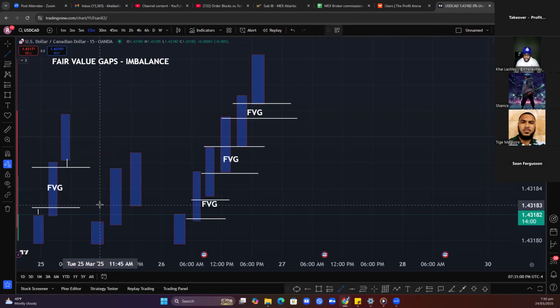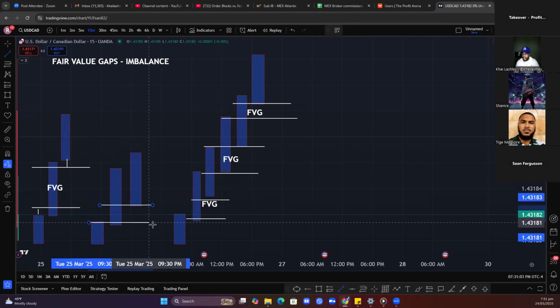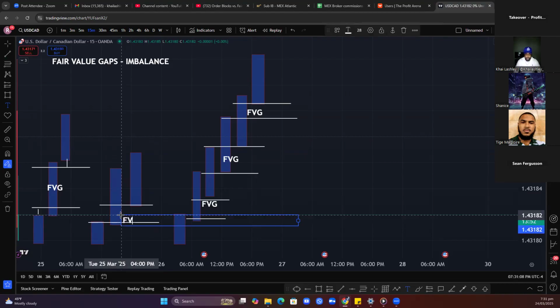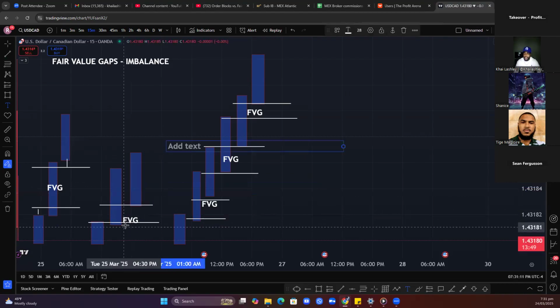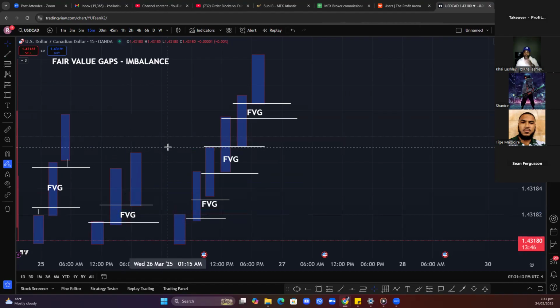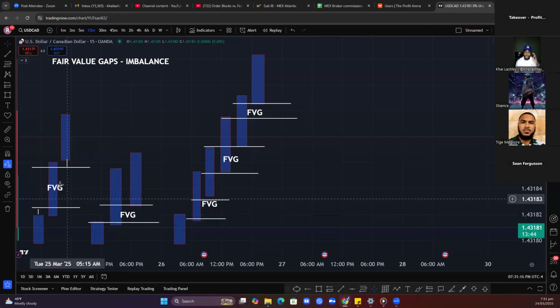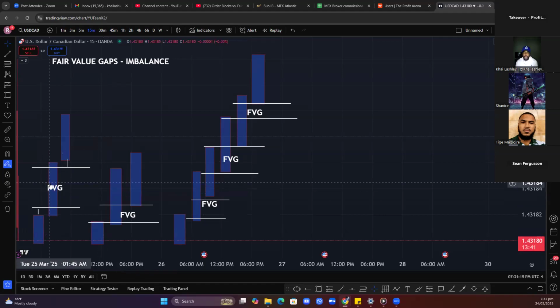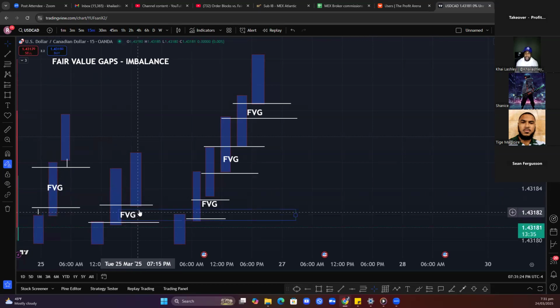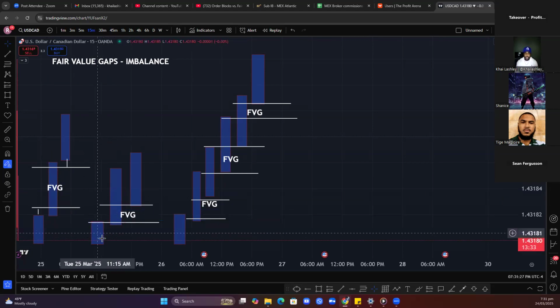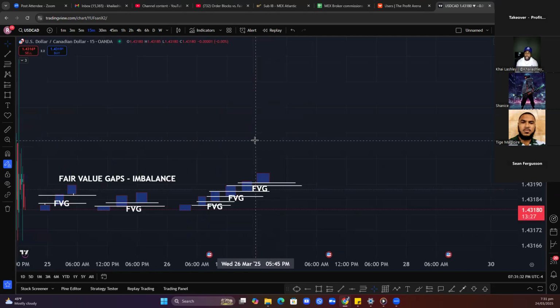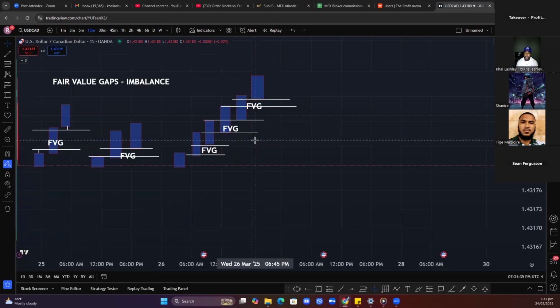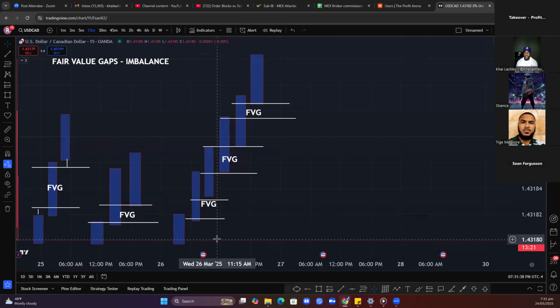So then we have this area and right here. Okay, good. So we have three areas of imbalance, or three different ways it shows up. We have this big area of imbalance or fair value gap. We have this area that is lower, which we would consider to be an order block. And then we have multiple areas of imbalance.